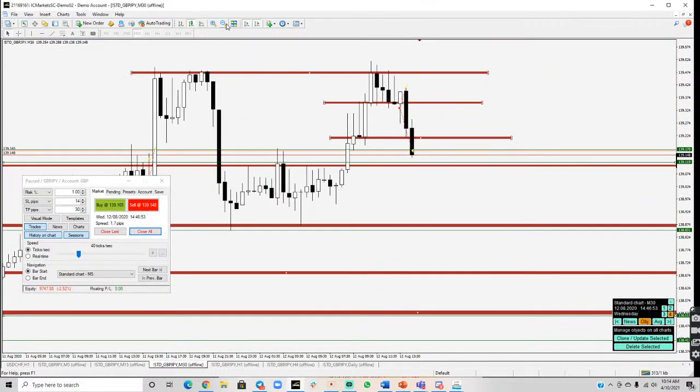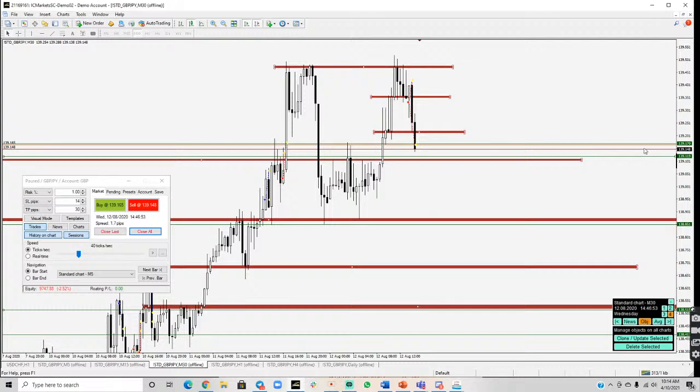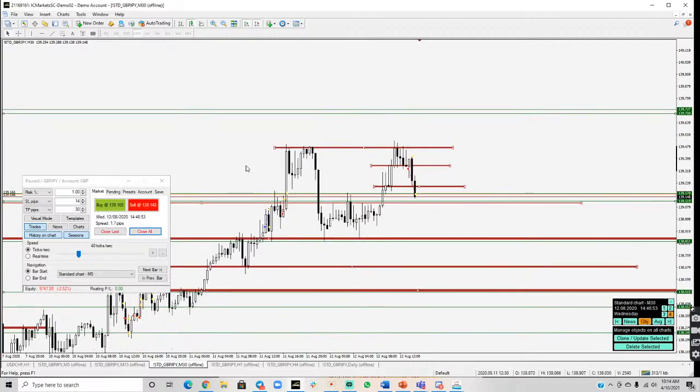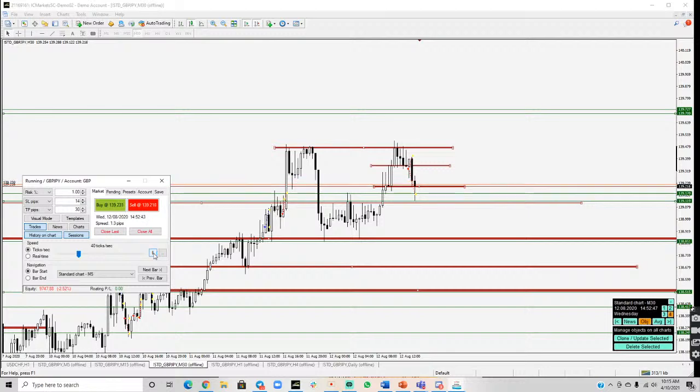Alright, I'm just not really liking this current market structure right now. And as I can see, we are rejecting the zone.